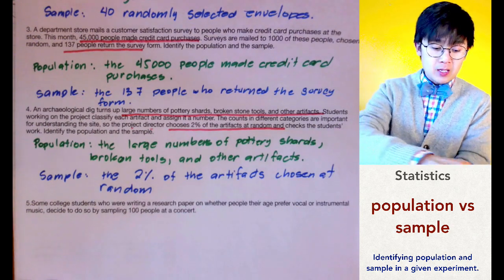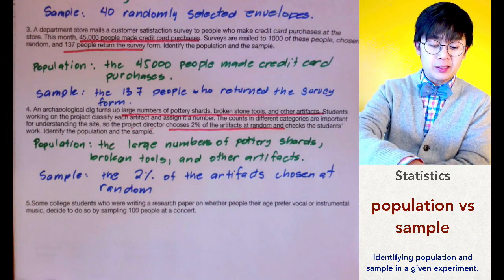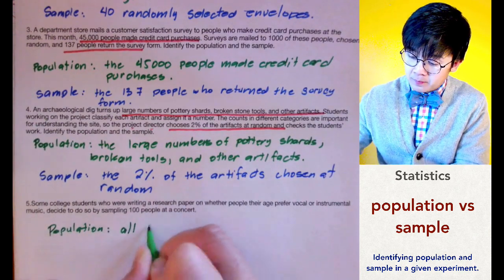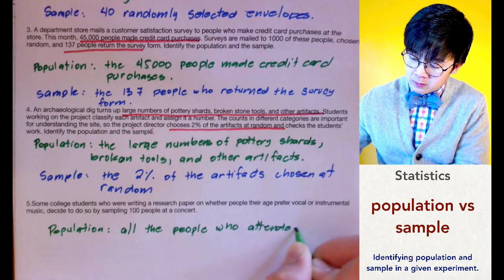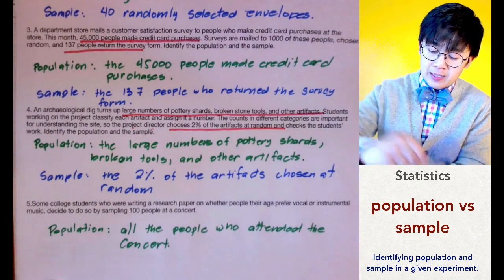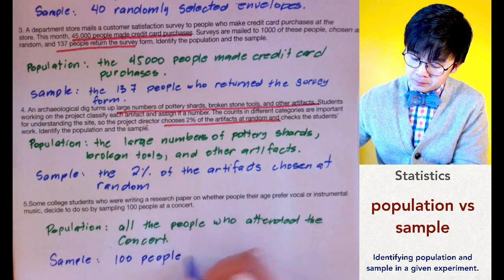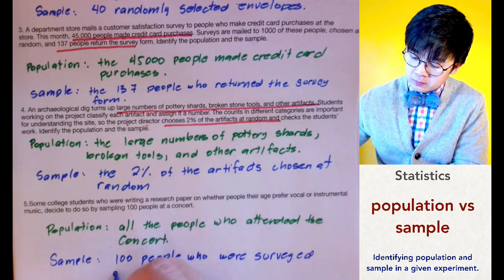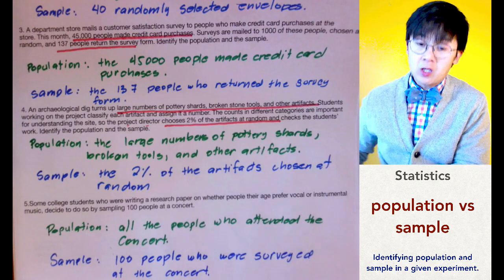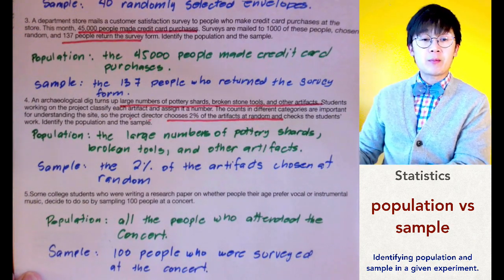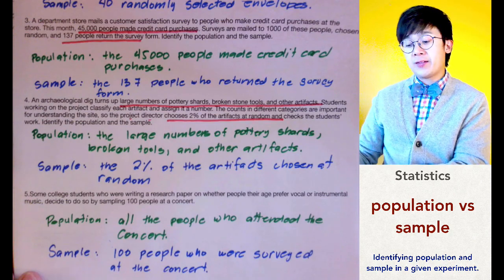So here, our population would be all the people who attended the concert, and our sample would be the 1,000 people who were surveyed at the concert. So this is how we identify population and sample from a given experiment.